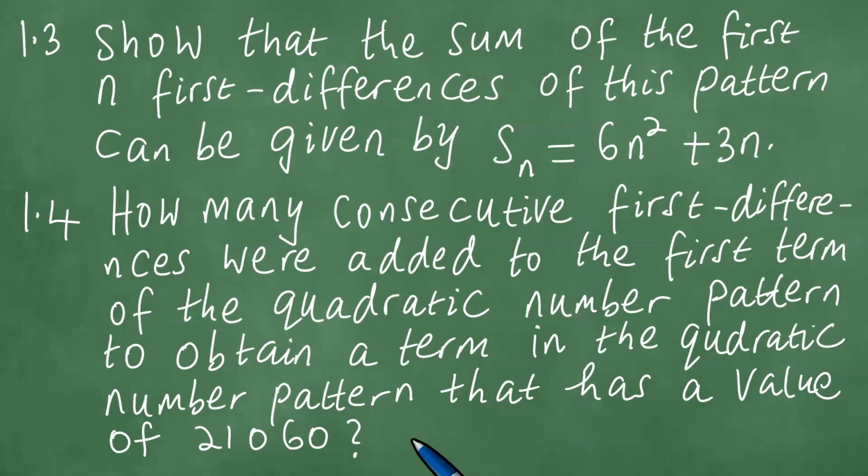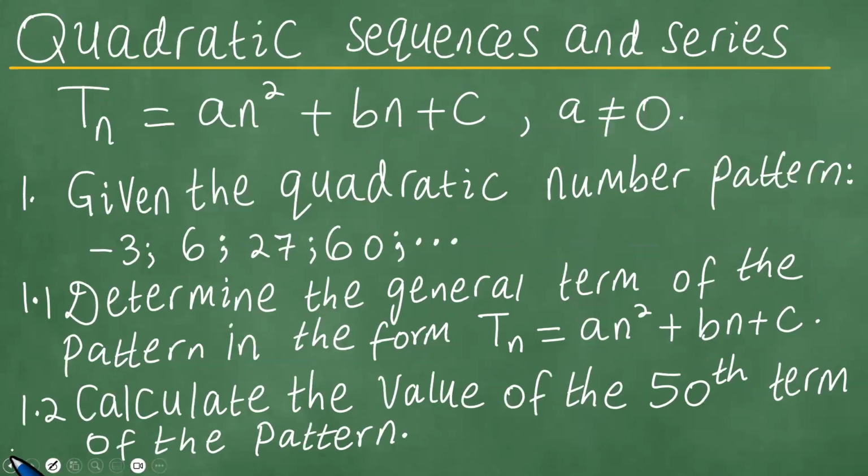Okay, just look at the answer. This is straightforward because what you're supposed to do is to say, okay, they're asking us how many consecutive first differences were added to the first term of the quadratic number pattern. What is the first term of the quadratic number pattern? It has the terms -3, 6, 27, and 60. So -3 is the first term.